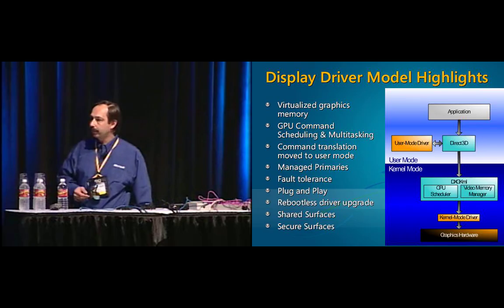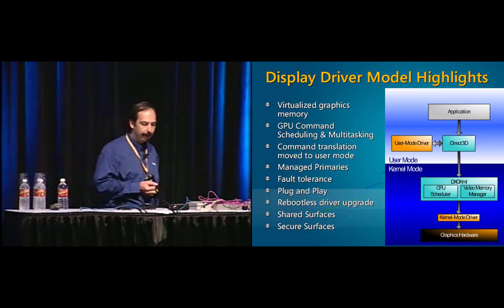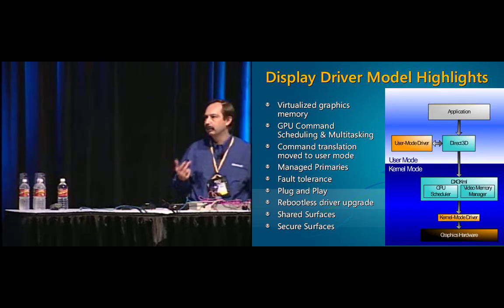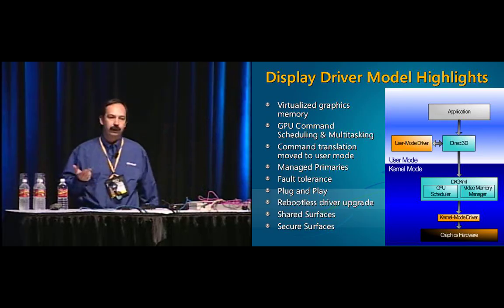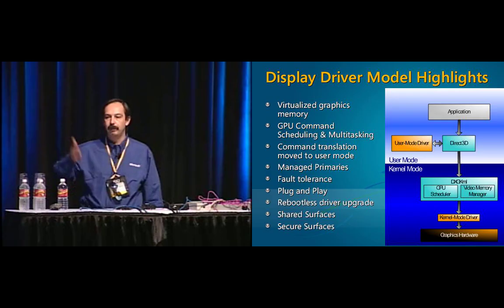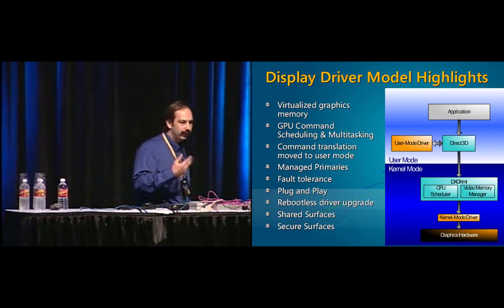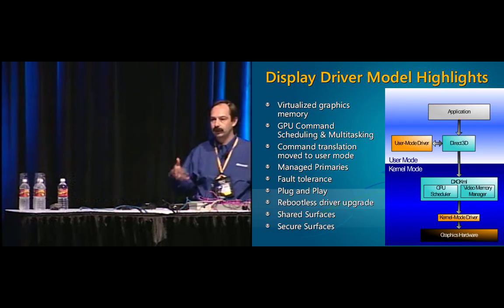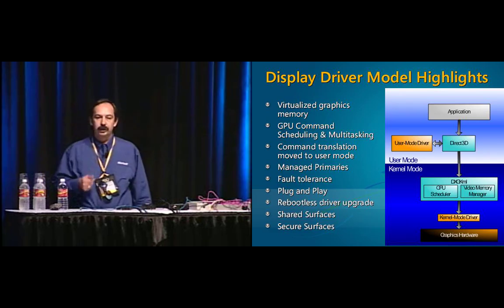Now, with that, there's this other concept that we're introducing, which is managed primaries. The way I like to explain that is what happened in the past, and I don't know if those of you who have used D3D or have worked with the GPU a lot, you may have noticed that the window that actually GDI draws on, the actual back buffers that your application may allocate to do its rendering onto the screen, those things tended to be in a sort of a pool, and they were sort of shared amongst each other.